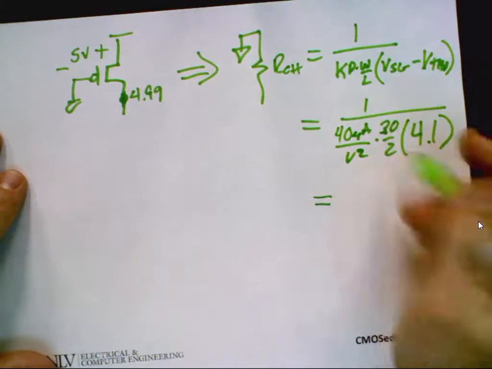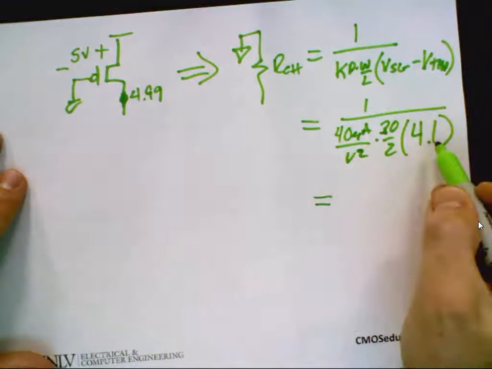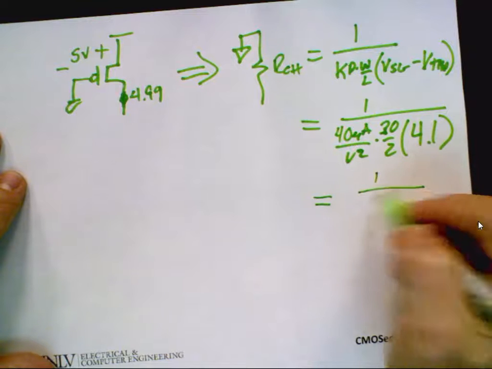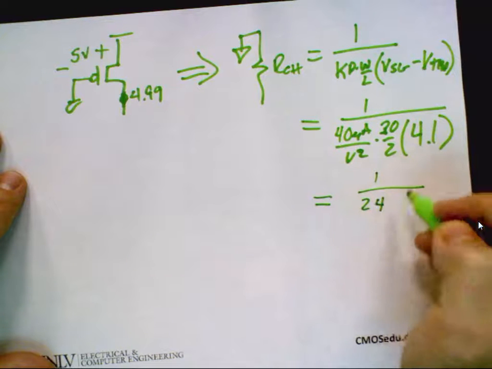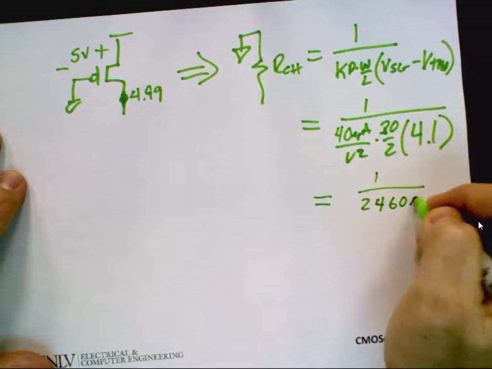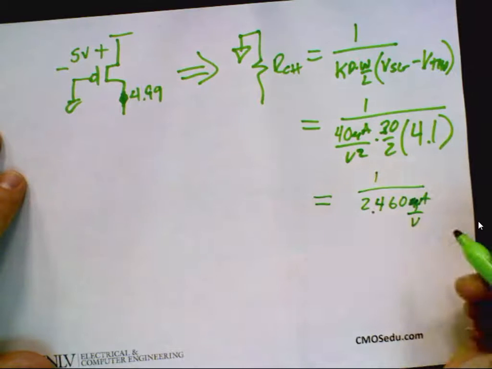So let me just do the math real quick in my head here. 15 times 40 would be 600. 600 times 4 is 2400. 1 over 2,400, 60, if I did it right, something like that, microamps per volt. Or if we went milliamps, it would be 2.4.